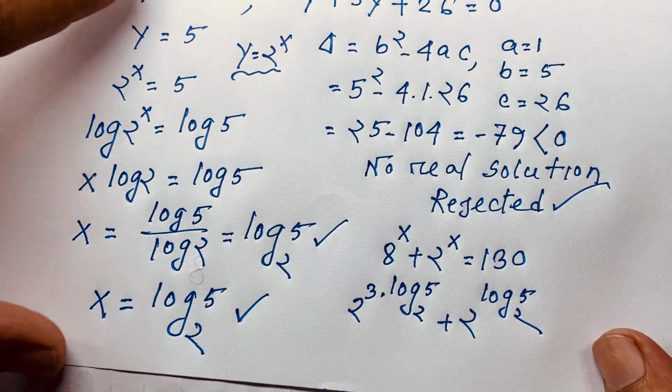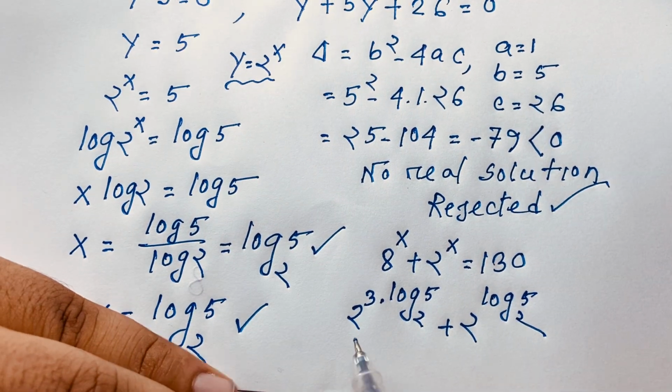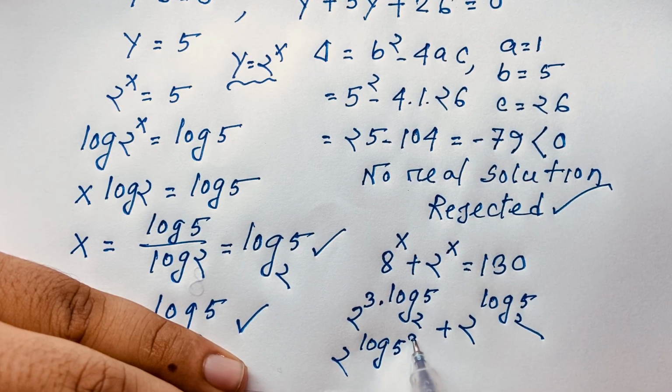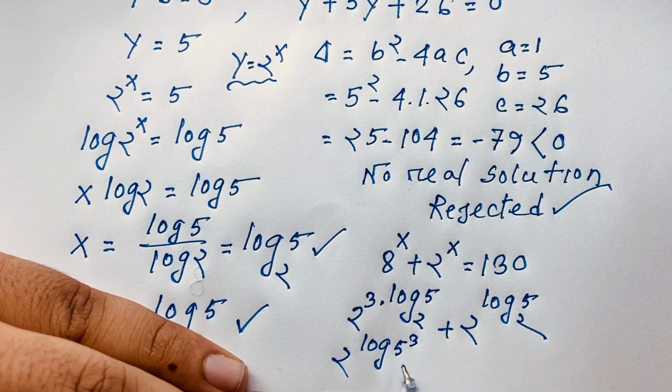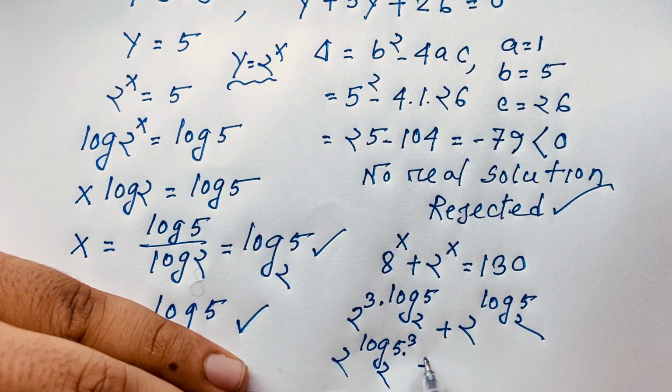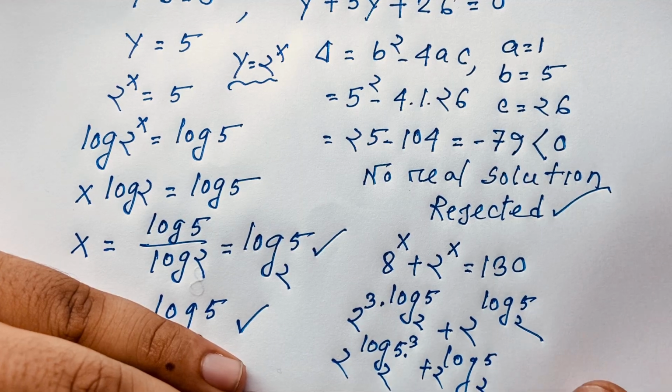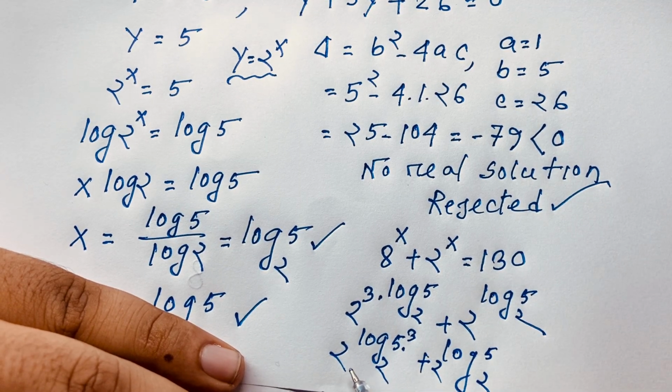Then it will be 2 to the power log 5, to the power 3. I just move this 3 here as an exponent, and the base is 2, plus 2 to the power log 5 base 2. Now at this moment, this 2 to the power log base 2 cancels. We find 5 to the power 3.